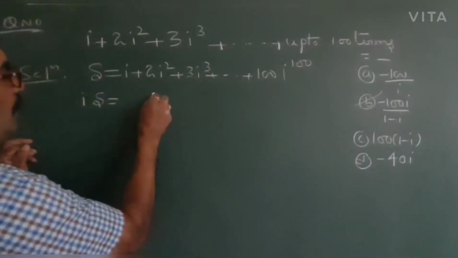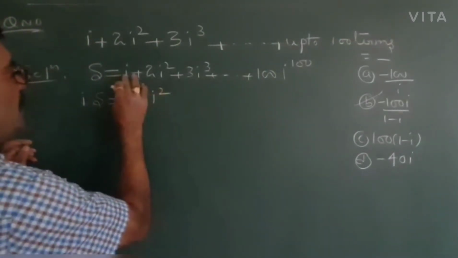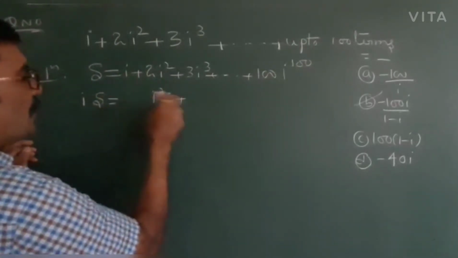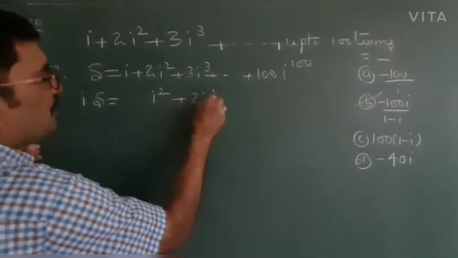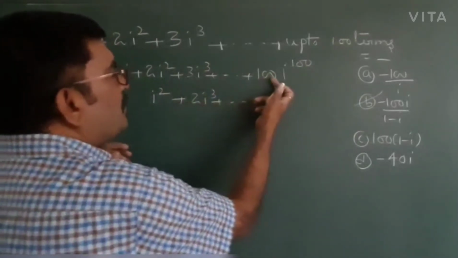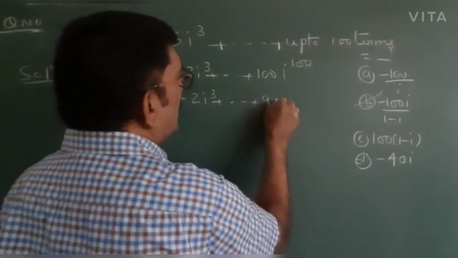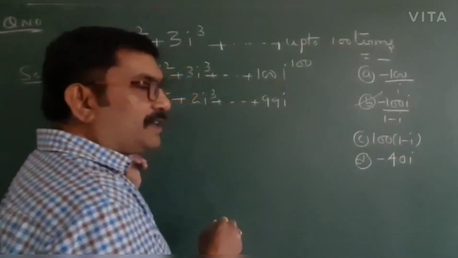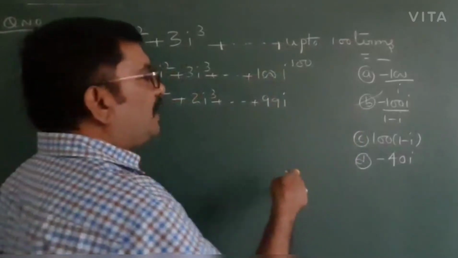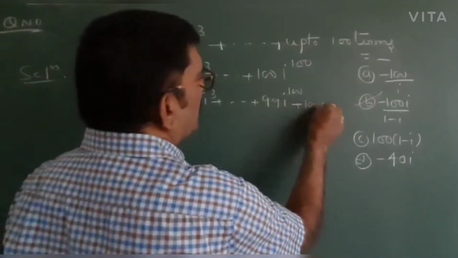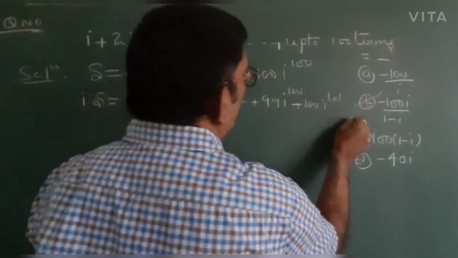So you start with i into i square, 2i square into i becomes 2i cube, and so on. The term preceding this is 99 into i power 99; if you multiply with i, it becomes 99 into i power 100. The last term is as it is, and this becomes 100 into i power 101.